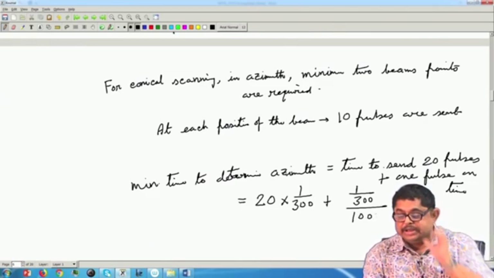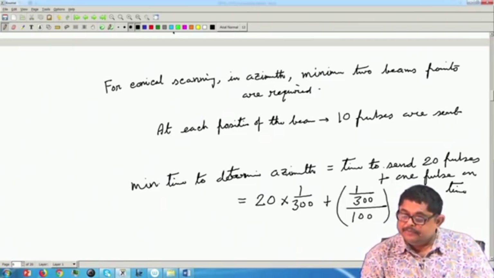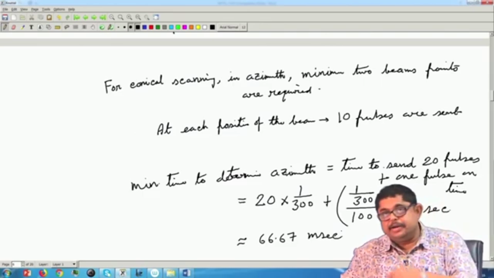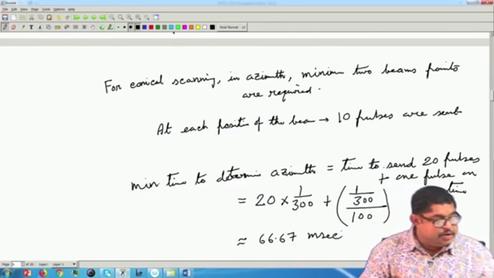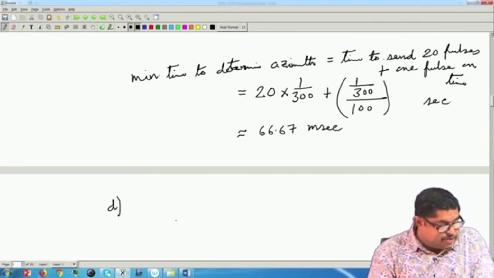The pulse on time is this PRI, then duty cycle is 1%, that means for this much time. So, this total is in seconds. If you do that, roughly it is 66.67 millisecond. So, to determine one azimuth position, this will be the time required.